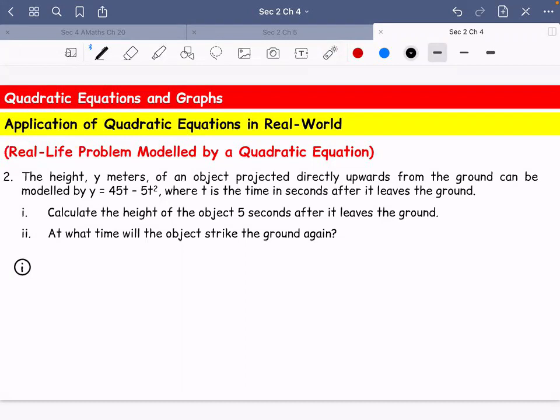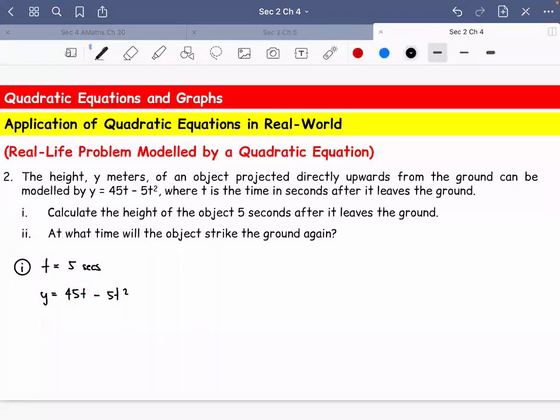So t is equal to 5 seconds. And then using the formula y is equal to 45t minus 5t squared, we just basically plug in the value of t, and that's it.